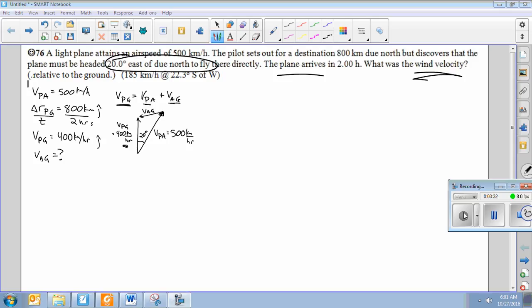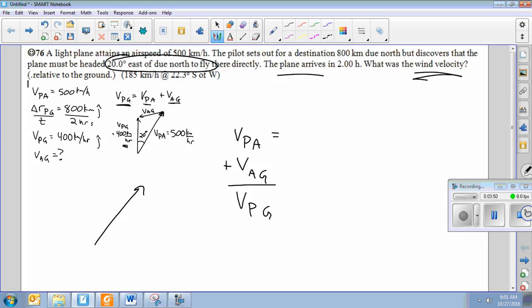Here's what we know. We know that the velocity of the plane relative to the air plus the velocity of the air relative to the ground is equal to the velocity of the plane relative to the ground, right? So I need to do a little bit of trig here. I've got this triangle, 500 kilometers per hour. Here's the y component of that, here's the x component of that.